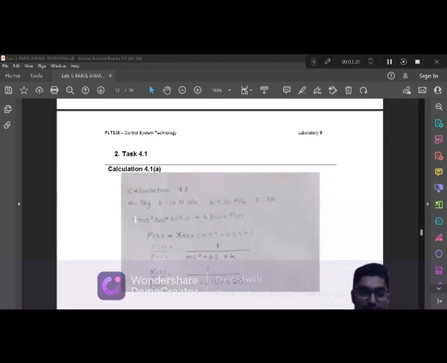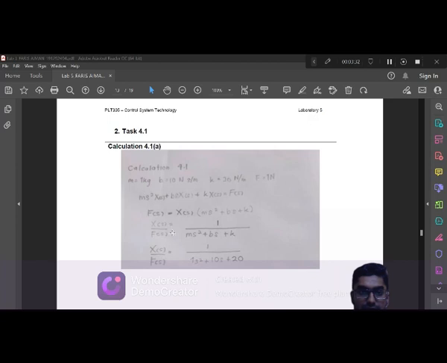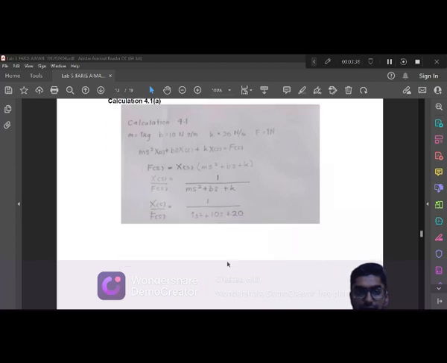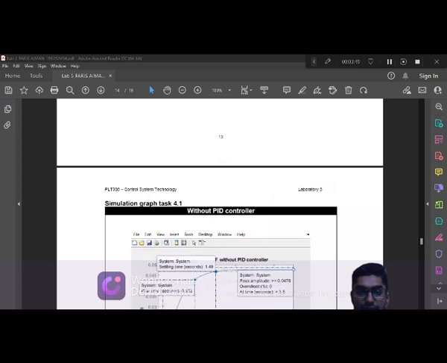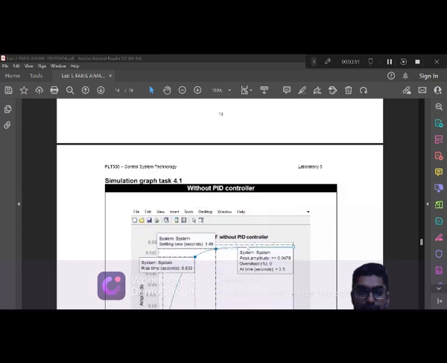For the next task, we make a calculation for task 4.1. We get this result: 1 over s square plus 10s plus 20. So this is without the PID controller.